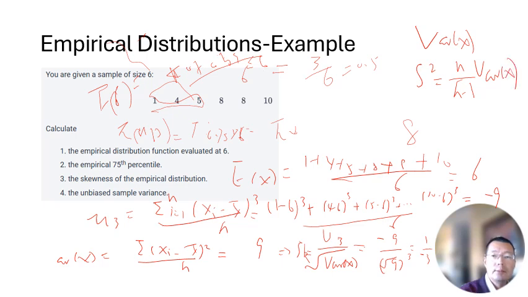Just one is divided by n, the other one is divided by n minus 1. So from here you can easily get n over n minus 1 times 9, so you get 10.8. So that's the unbiased sample variance. Of course, you can also just follow the original formula to calculate that.